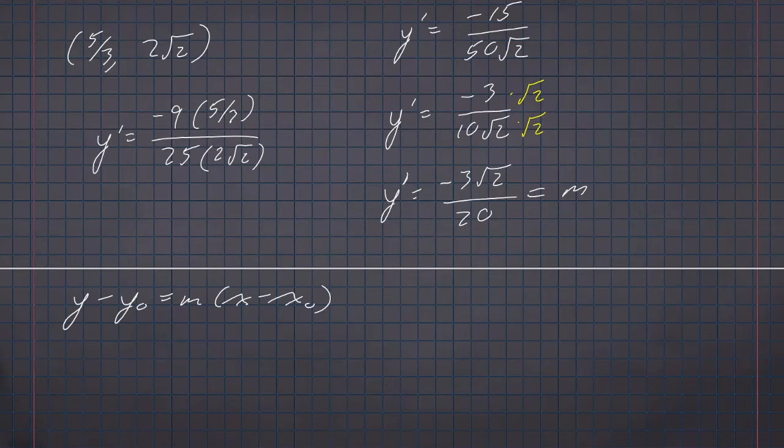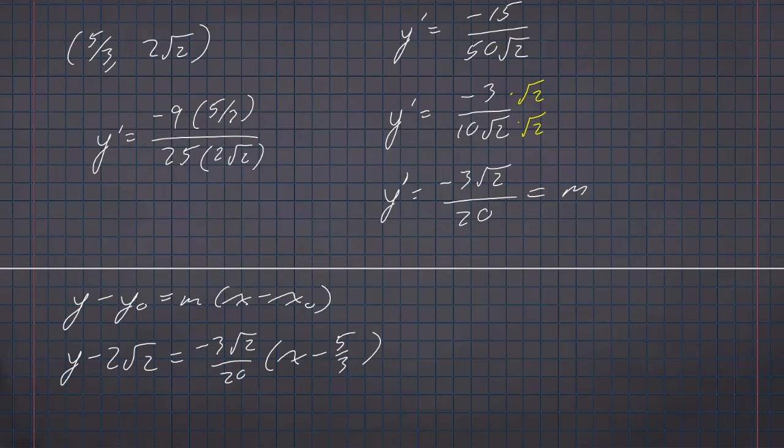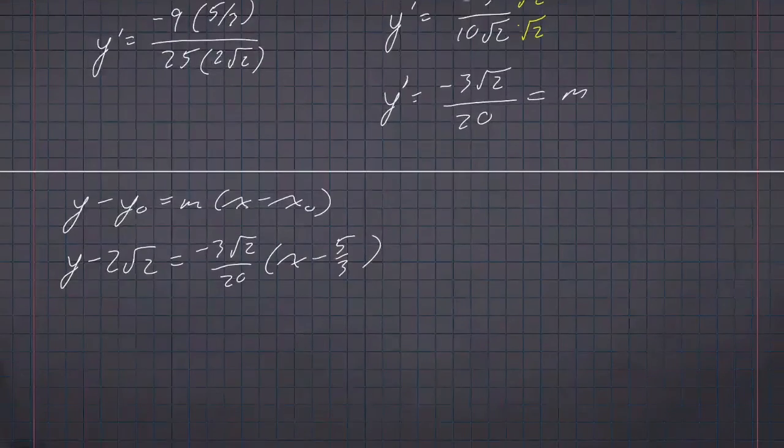using the point-slope formula to get that y minus 2√2 is equal to negative 3√2 over 20 times x minus 5/3, and do a little bit of rearranging here.